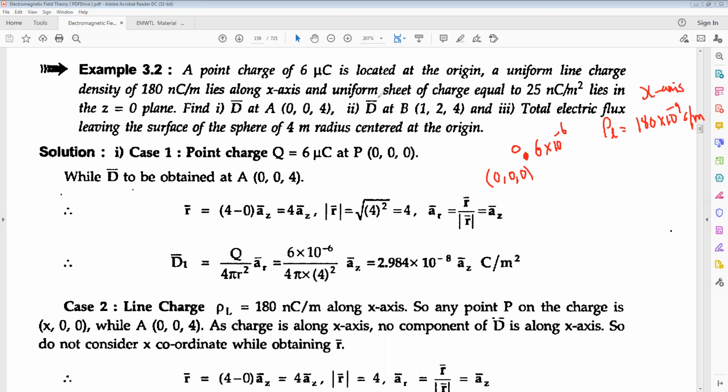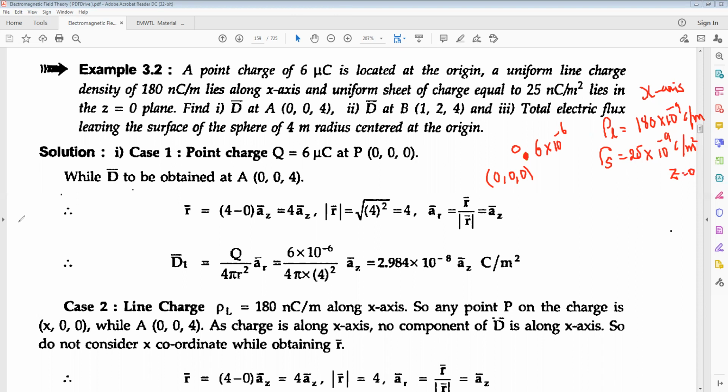And a uniform sheet of charge is also there. Rho S is also given. The rho S is equal to 25 nanocoulombs, that is also 10 power minus 9 coulomb per meter square because it's a surface. It lies in Z is equal to 0.